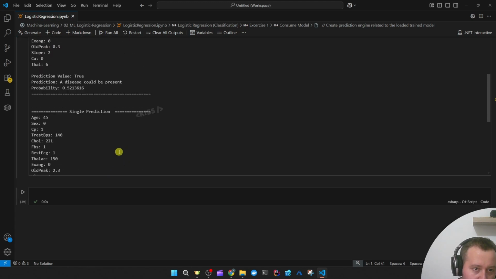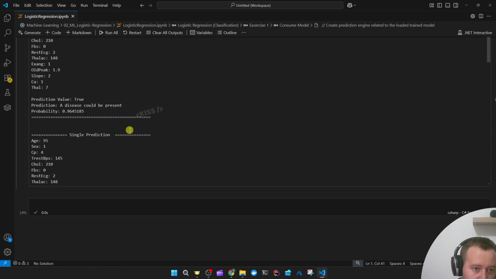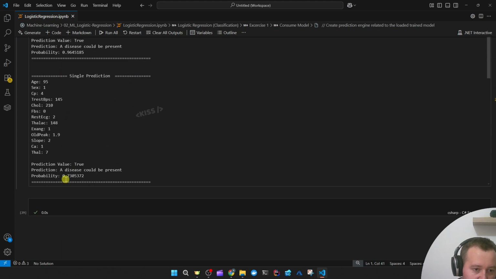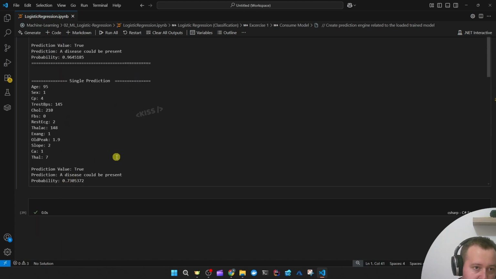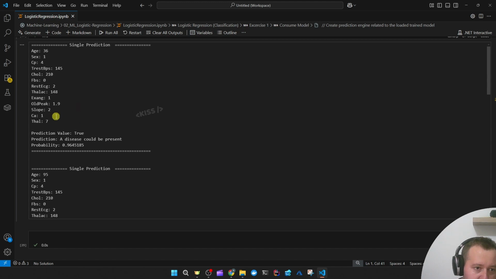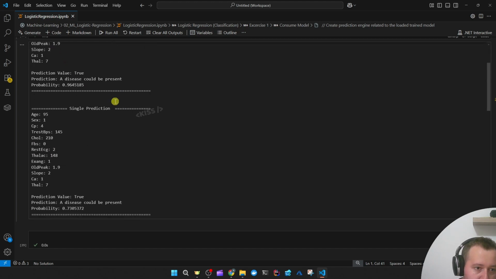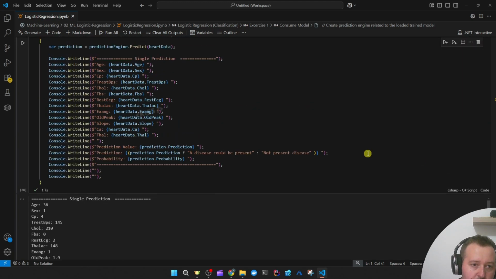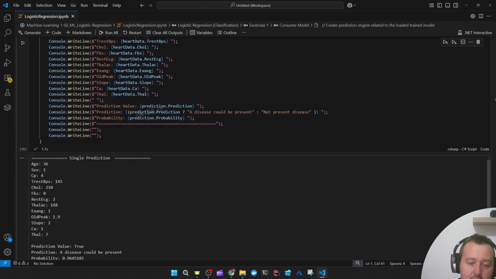Second one, still true, but a way lower probability. For the rest, we don't see too much difference. Almost no difference between these two. Only the age. This one's 95. This one's 36. 95. Is this possible? Yeah, this is new data.